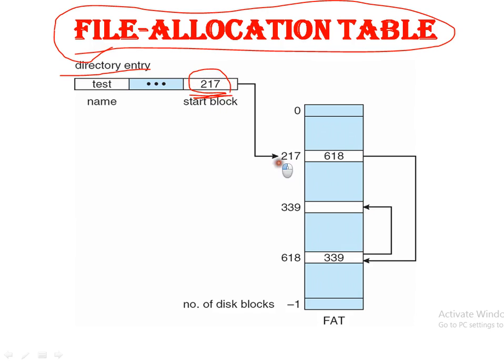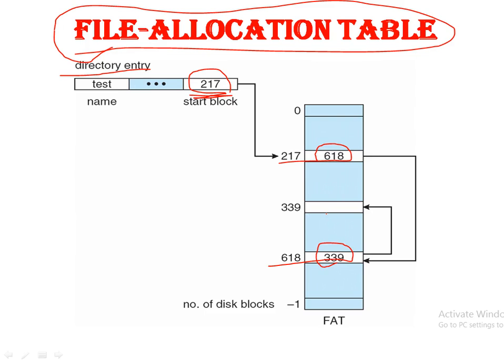When I go inside 217 and see, this 217 in turn contains the next block address 618, wherein I go and search inside 618. Again inside 618 I have another block, 339. I go here and check for another entry. That is, the directory entry contains the block number of the first block of the file.